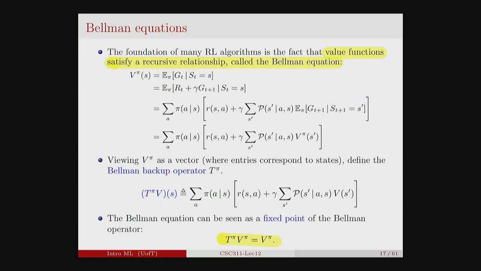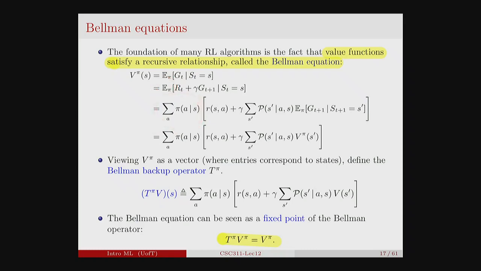What I'm going to do now is write the expectation over pi as the summation of pi of a given s. Remember, I have some policy function, and this is just the definition of the expectation. So I'm summing over the different choices of actions that I could take under the current state s. So that's these two steps.